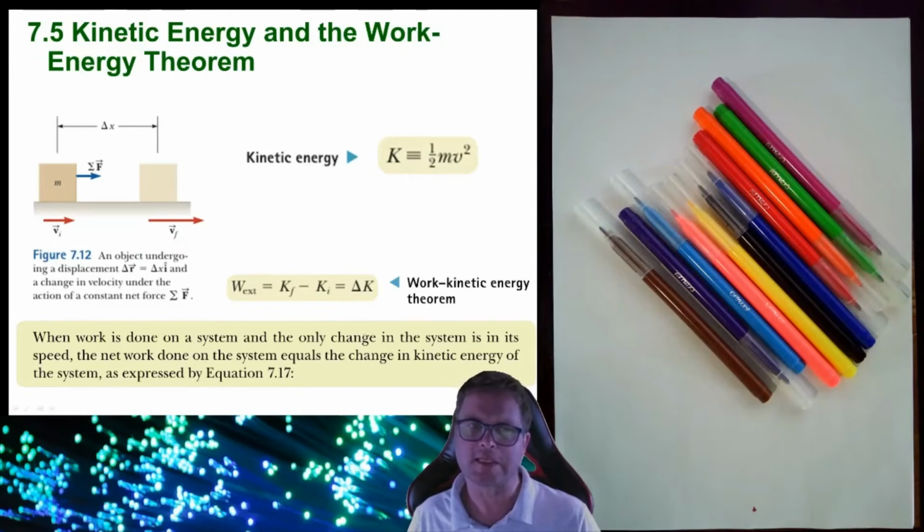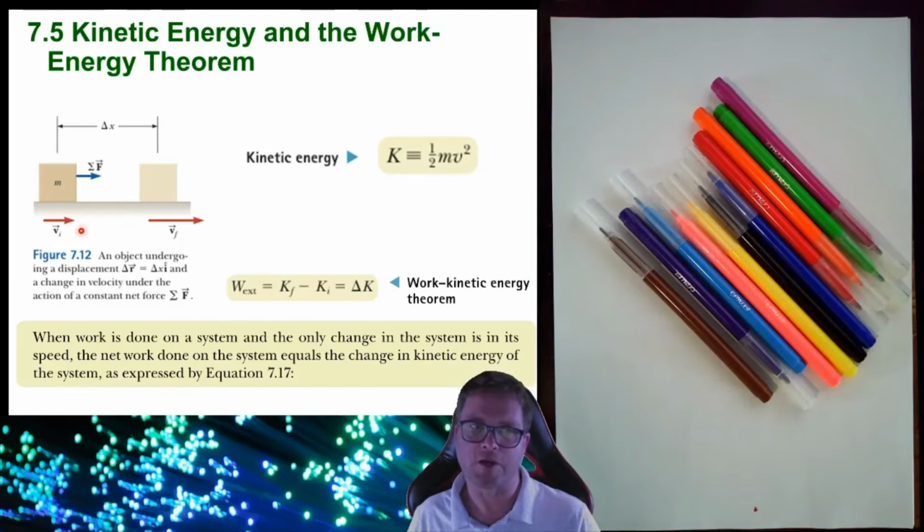You can also see that in this case, the block has undergone some displacement by a distance delta x. When we speak about kinetic energy, we define that as half mv squared, and we write it as a capital K. So capital K represents kinetic energy.